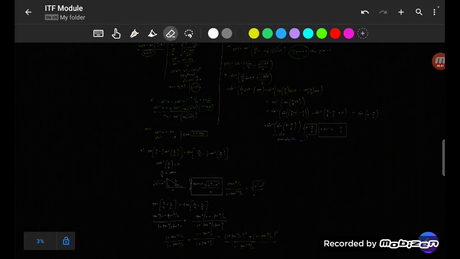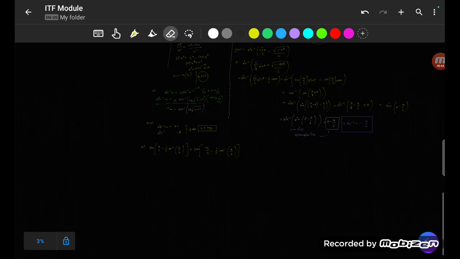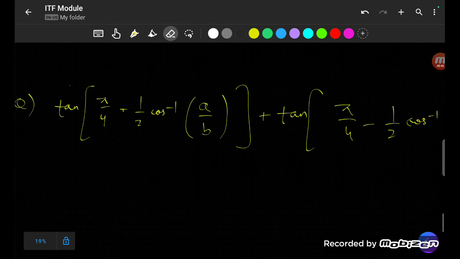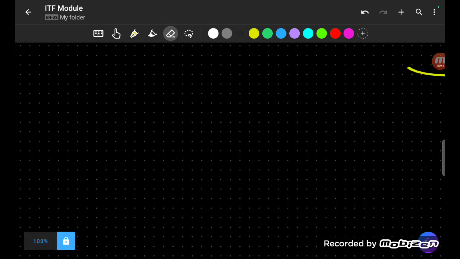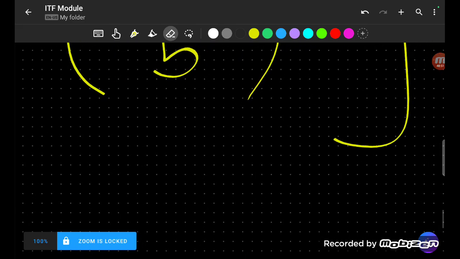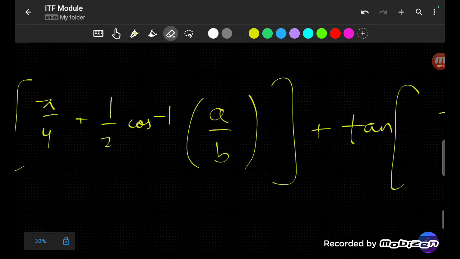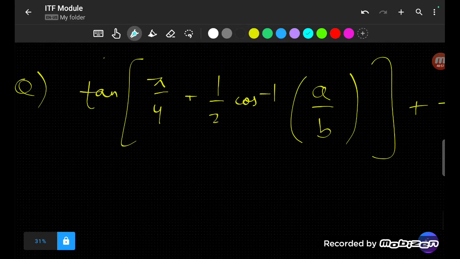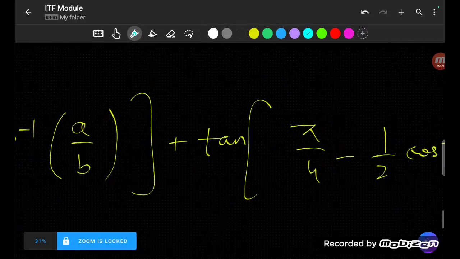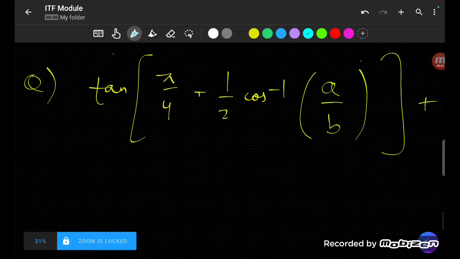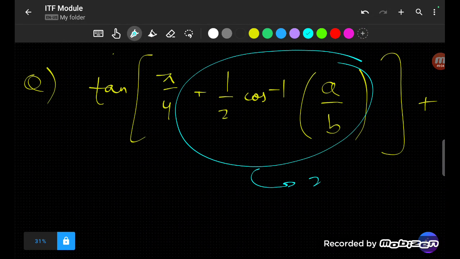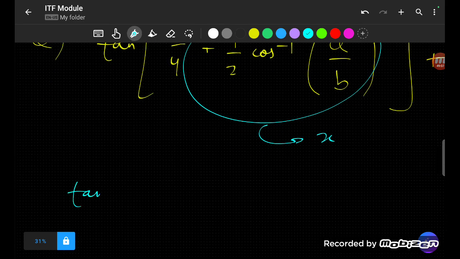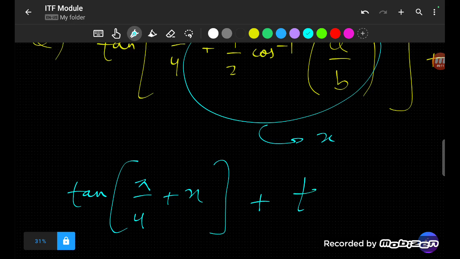So let's just look at this point again. I'm going to take this entire thing as x. So it is tan of pi by 4 plus x plus tan of pi by 4 minus x.